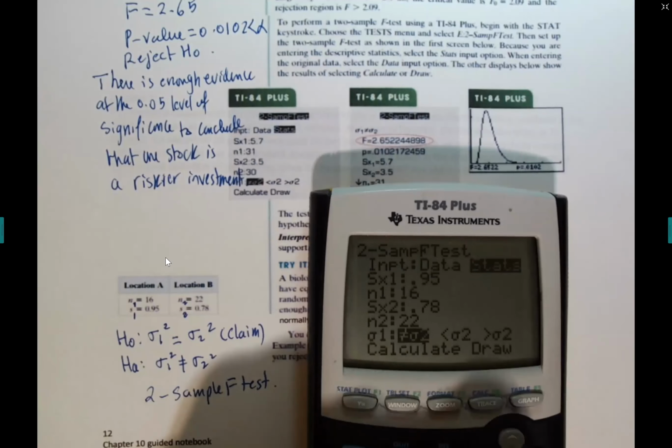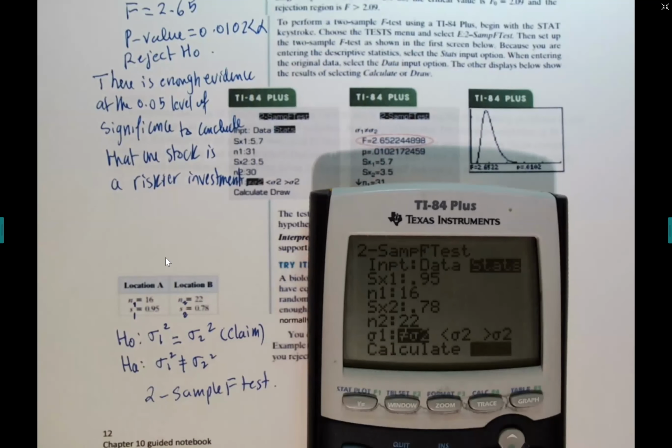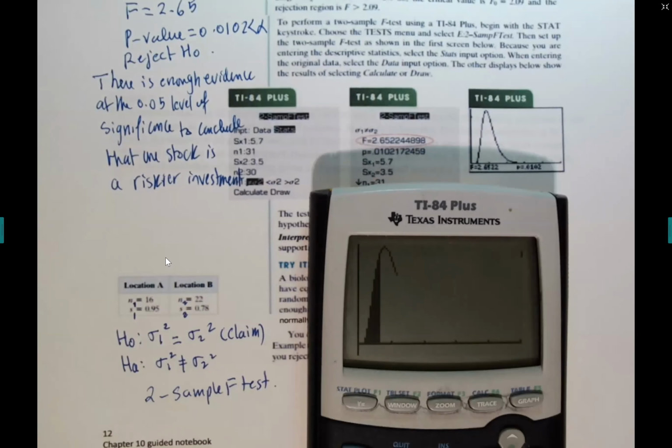Okay. See, it's a two-tailed test, so don't be surprised if you see the p-value shaded on both sides. It's a huge p-value, as you can see. So F is 1.48, and P is 0.3973.